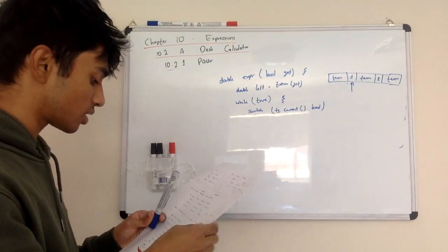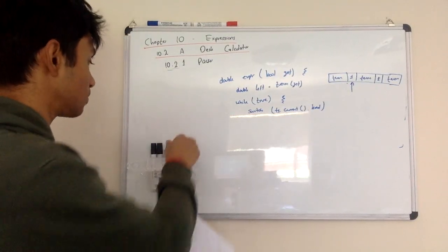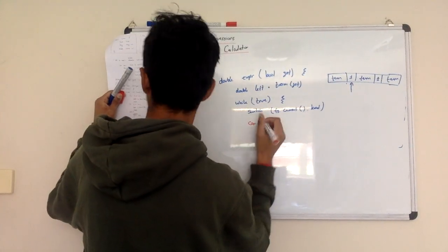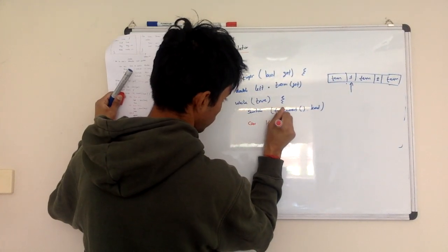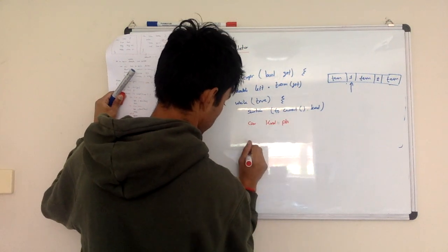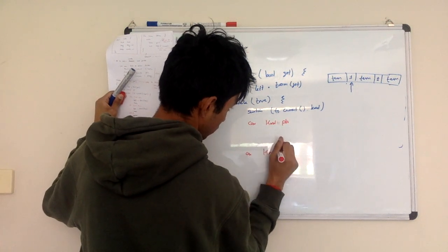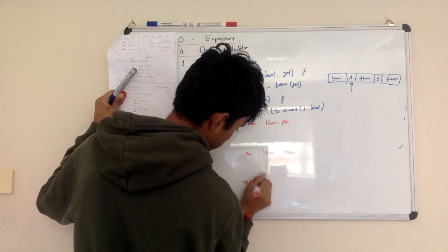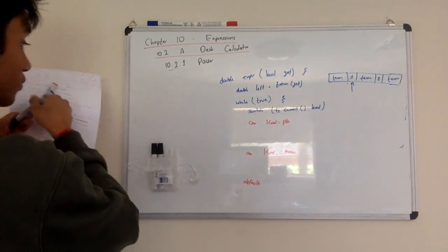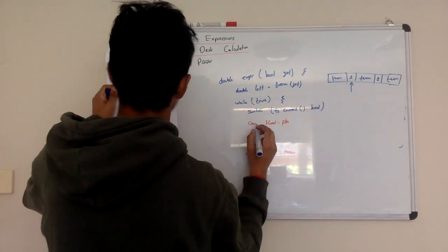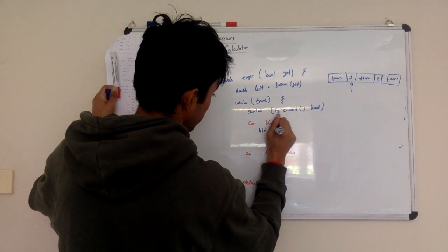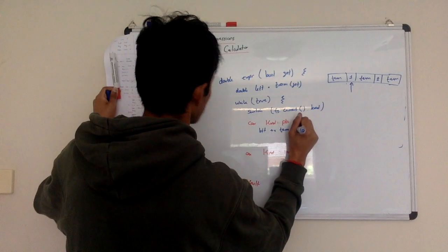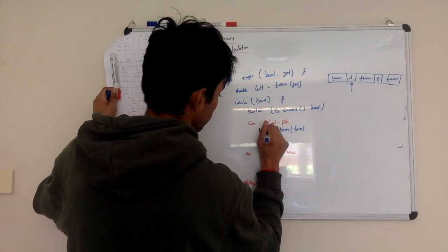We check the current kind, and in a similar sense, if the case is kind plus, if the case is kind minus, and then default, we have left plus equals term true, and then we break.